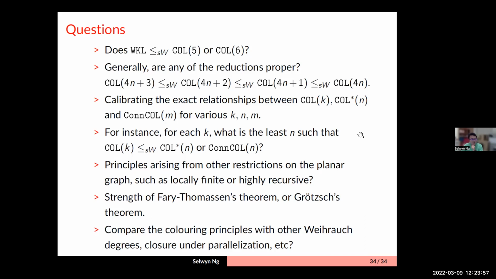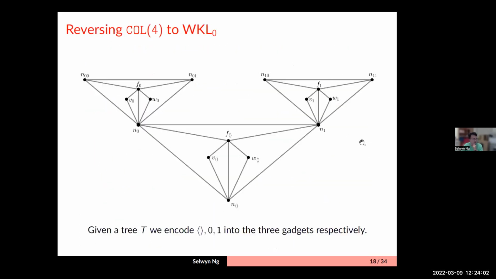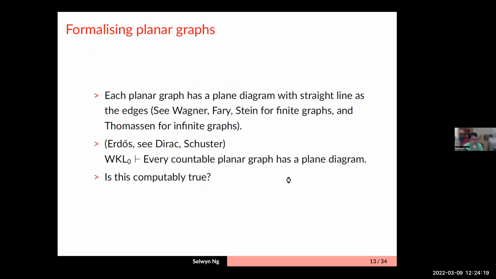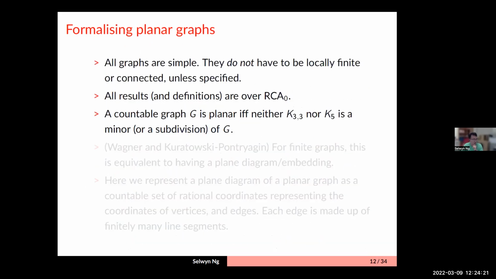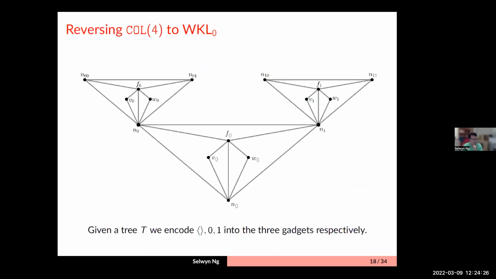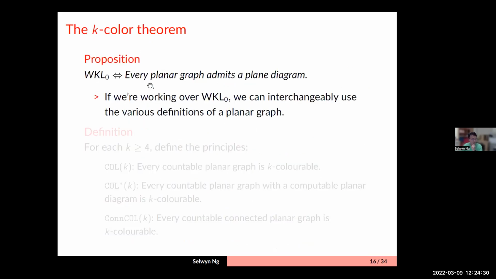So one can even go down to the level of minor and subdivision, which are slightly different, and I think one of them is stronger than the other. But for planar graphs, they're actually equivalent, so these 2 definitions I think we can take to be equivalent. But you're right, for this definition you definitely need WKL.